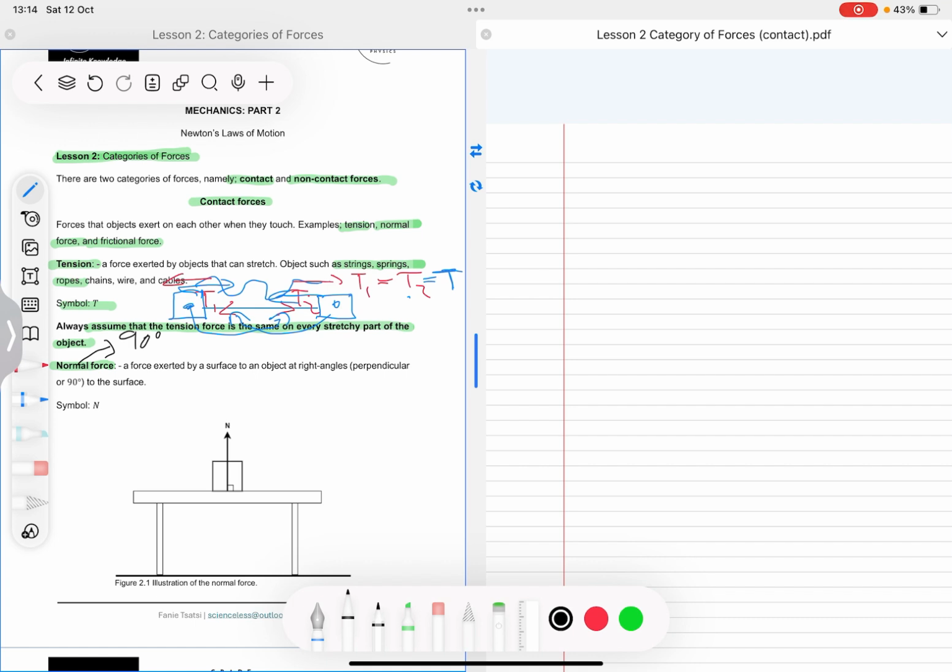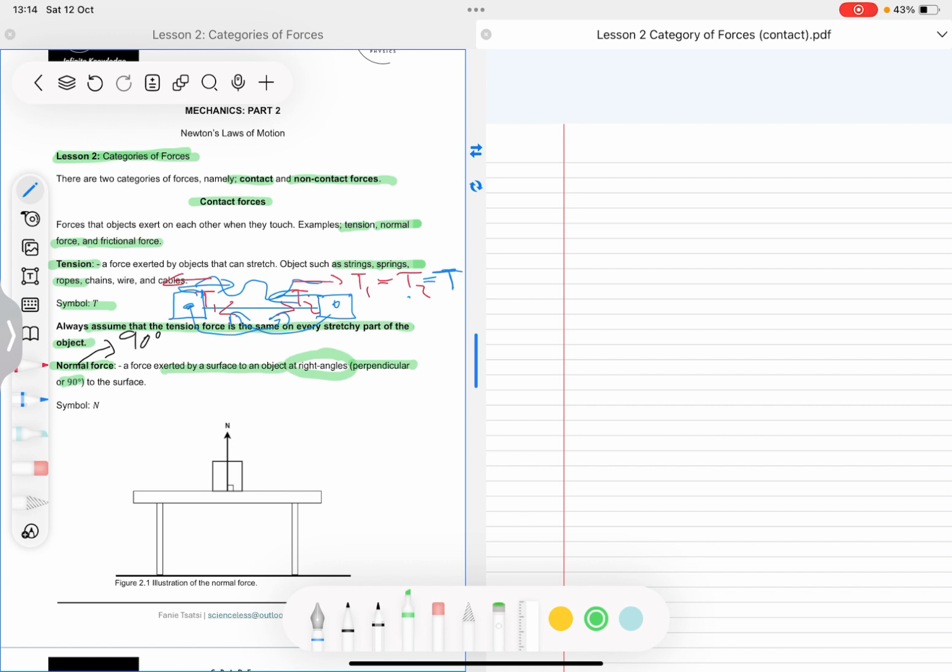Those are lines that make an angle of 90 degrees. So when we say a normal force, it means it's a force that makes an angle of 90 degrees. Normally this is a force that is exerted by a surface on an object at an angle of 90 degrees, right? Remember, 90 degrees sometimes is called perpendicular. That is another word that you might need to know.